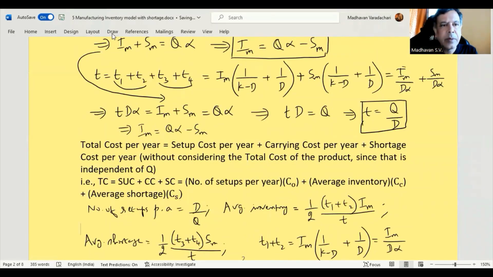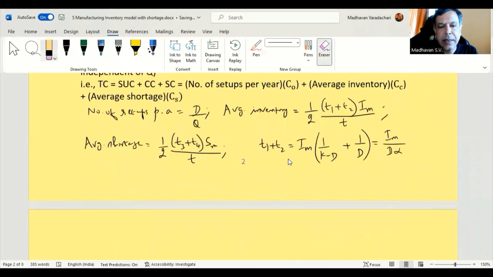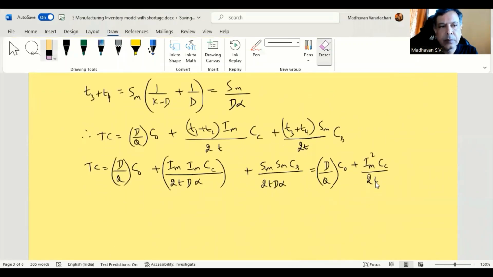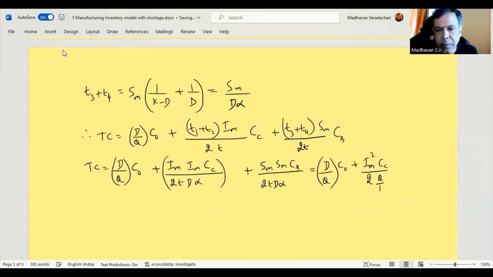Yes, Q by D. So we can write that T as Q by D. Q divided by D multiplied by D alpha, plus SM square Cs divided by 2 times T, T is nothing but Q by D into D alpha.